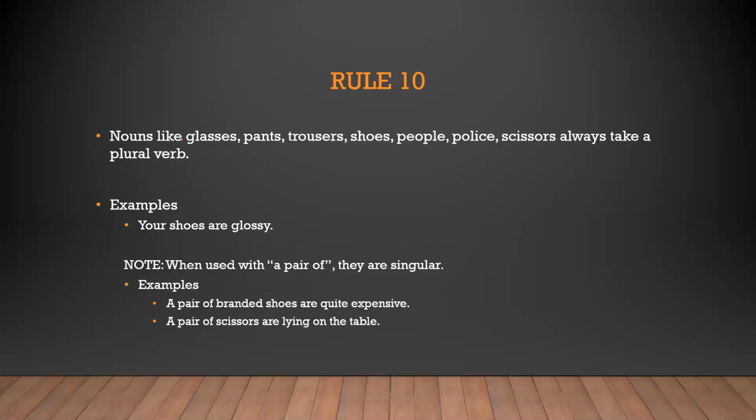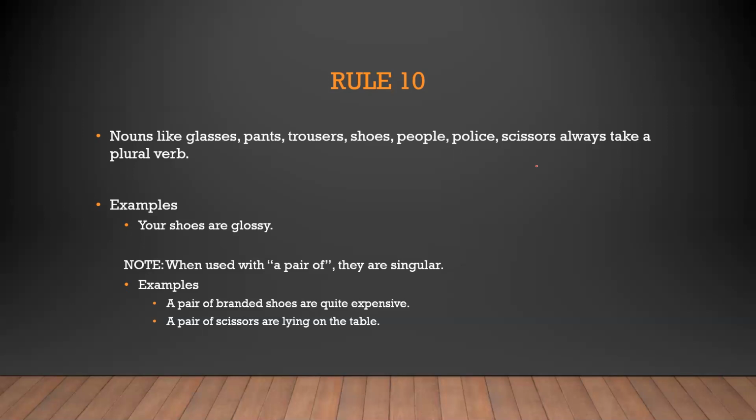Next is nouns like glasses, pants, trousers, shoes, people, police, scissors always take a plural verb. Why do they take the plural verb? If we talk about pants, trousers, what do we see in them? Two legs. Like glasses, two lenses are there.